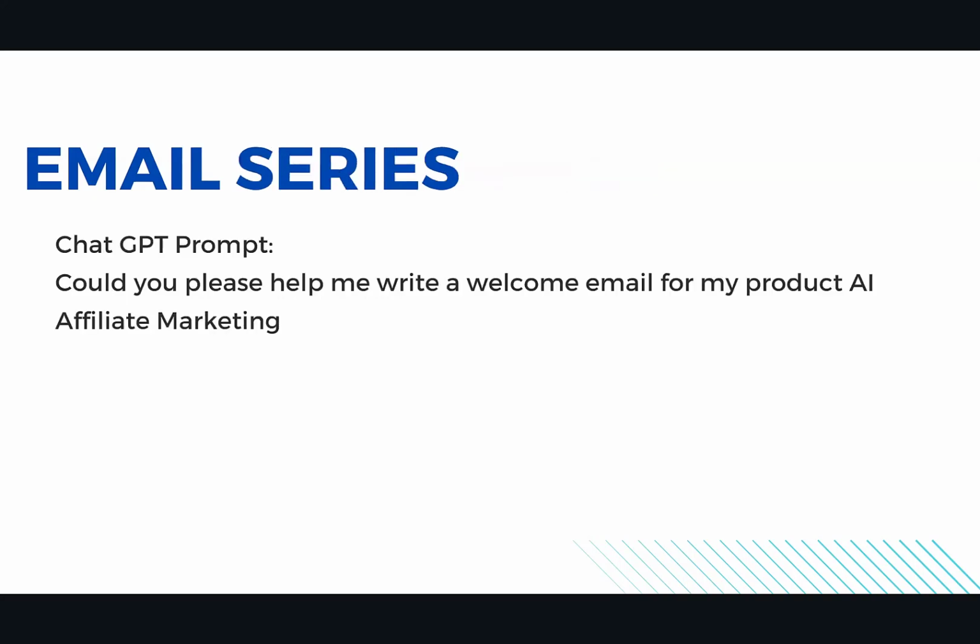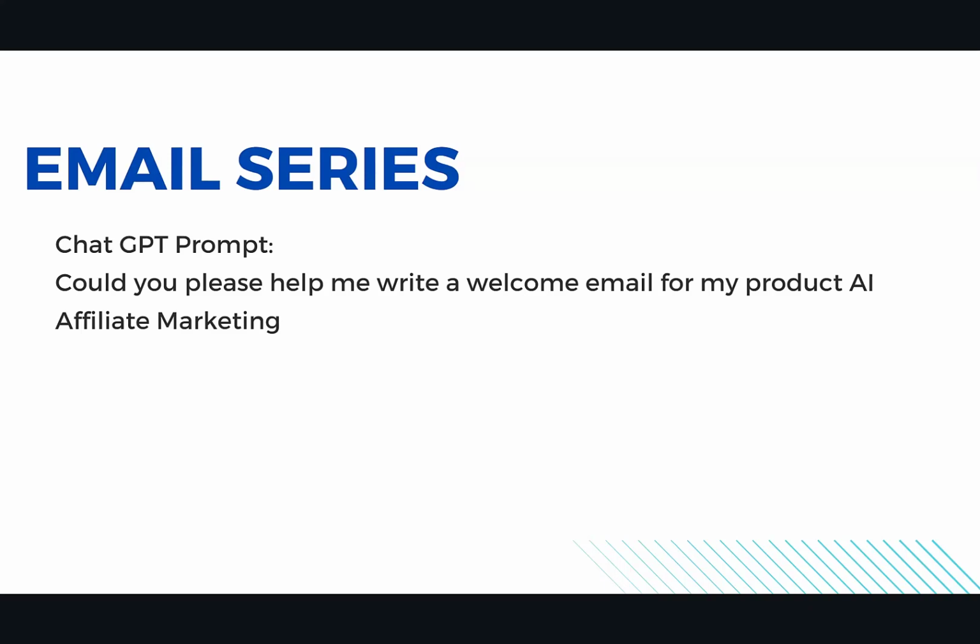So here's the first prompt for the email series. I said, can you please write me a welcome email for my product called AI Affiliate Marketing. The prompts are very similar, so I'm just going to show you how to tweak it here. You can use this for the welcome email. And when you're writing the broadcast email, instead of saying welcome email, you're just going to say, could you please help me write an email?